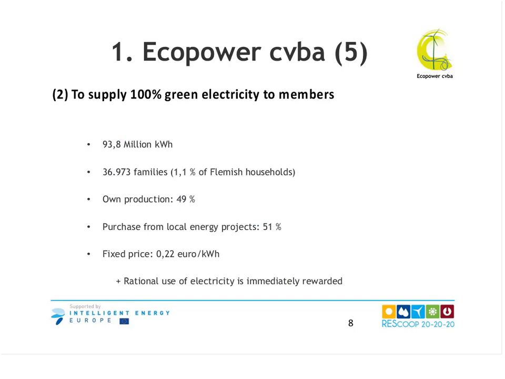About half of this is produced by ourselves, and the other we buy, the electricity and the certificates, the green certificates, from other local Belgian energy projects. We all know them. So we buy the electricity and the certificates, and we sell at the fixed price of 22 cents.